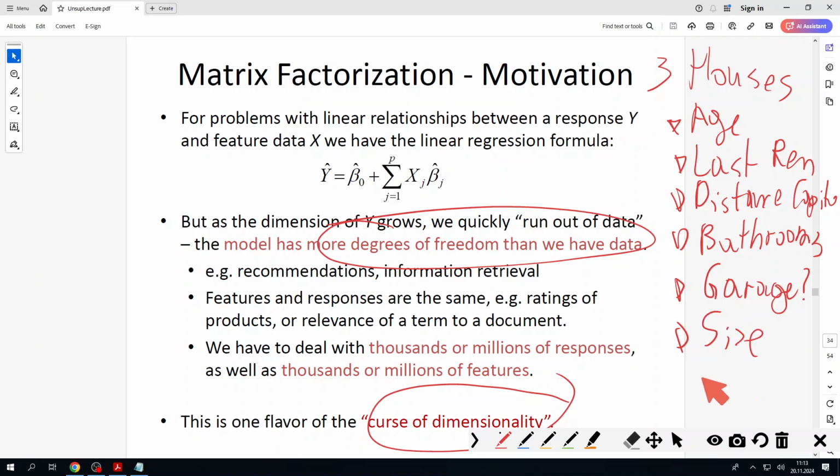So you can see already that we have 1, 2, 3, 4, 5, 6 parameters to estimate this house, and only 3 houses in total, which is very difficult, and that is the dimensionality problem.